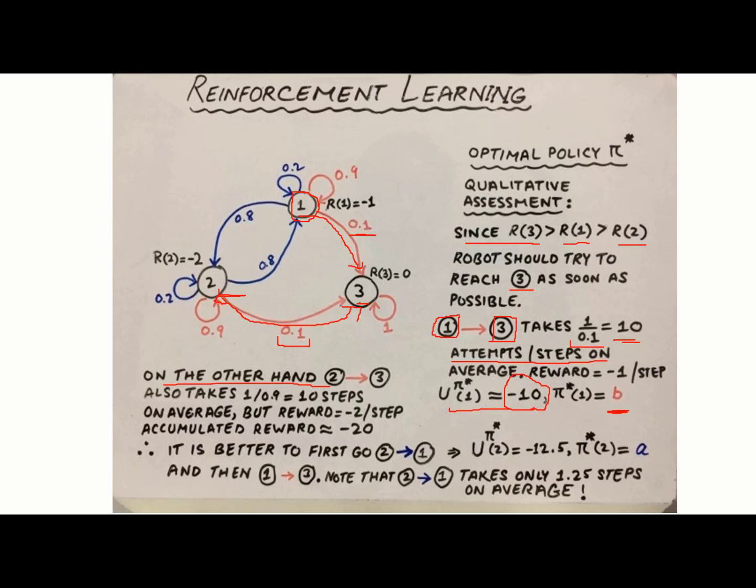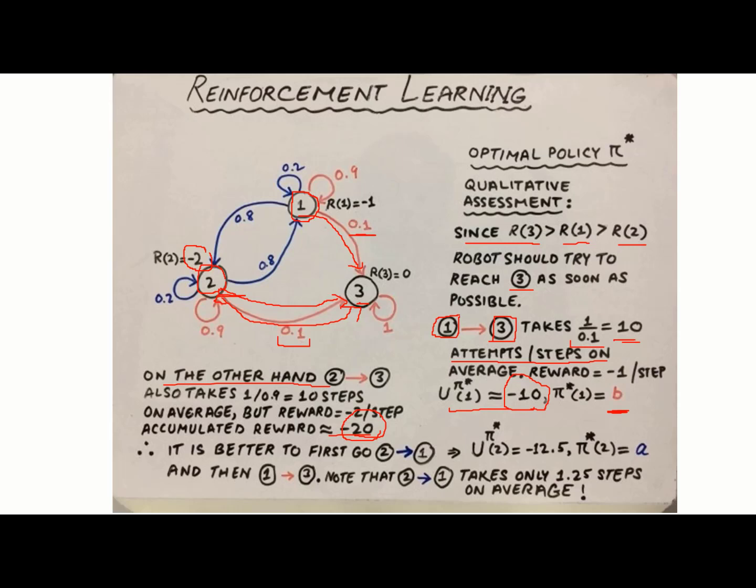So if you are in state 2 and you take action B, then you will need, as calculated previously, about 10 attempts, and each failed attempt makes you fall back on state 2 where the reward is -2. So the expected reward, if you try to directly jump from state 2 to state 3, is going to be -2 times 10, which is -20.